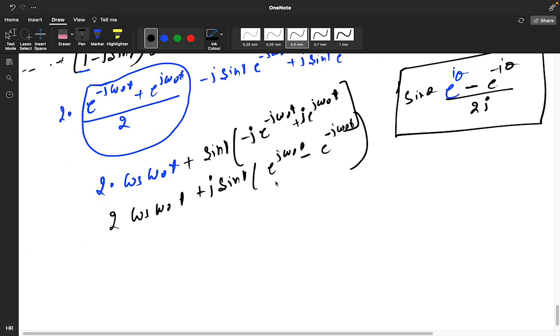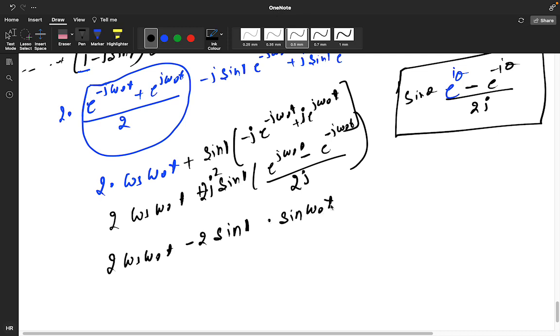Now if I am multiplying this 2 here, and multiplying 1 j here, j square is there. So 2 cos omega naught t minus 2 sine 1 sine omega t. So minus will only come then. Everything is correct only.